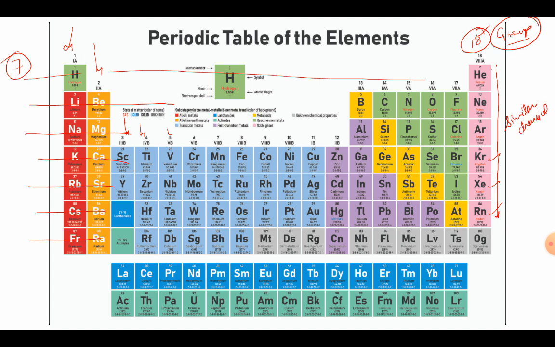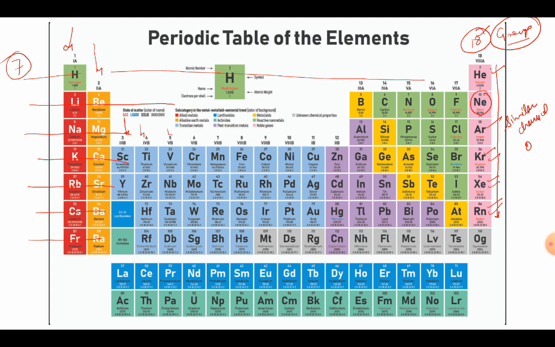If I just say neon, and I know that the other elements along with neon in group 18 are helium, argon, krypton, xenon and radon, I'll be able to say that all the other elements are also noble gases. Their valency is 0, they have a complete outermost shell, and they do not react easily under normal conditions.